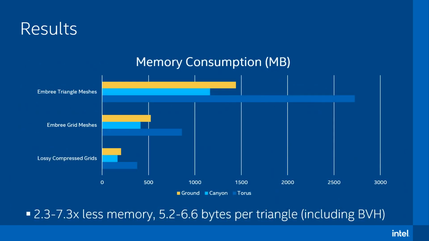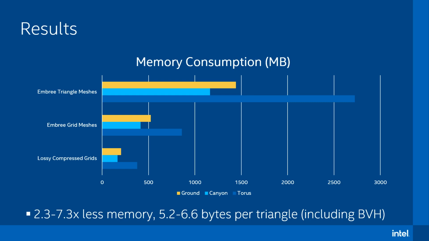So memory consumption is obviously very important. And this chart here shows the memory consumption for the 3 example scenes. On top, we have the triangle meshes from Embree, which require between 1 and almost 3 GB of memory for the 3 example scenes. The Embree grid meshes, which store the data in uncompressed format, require less memory, but our approach with the lossy compressed grids surpasses all of them.